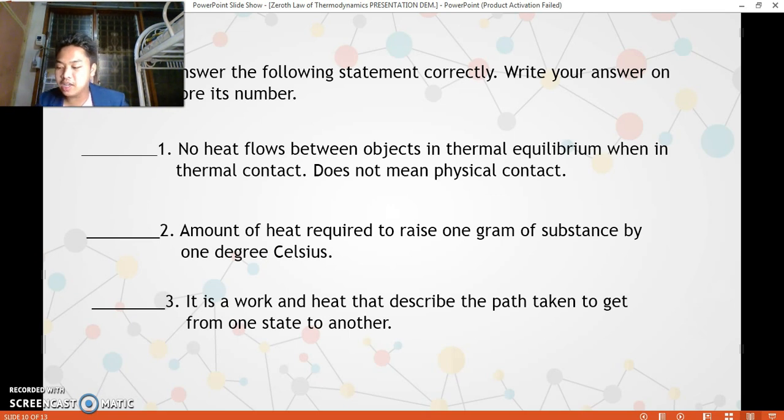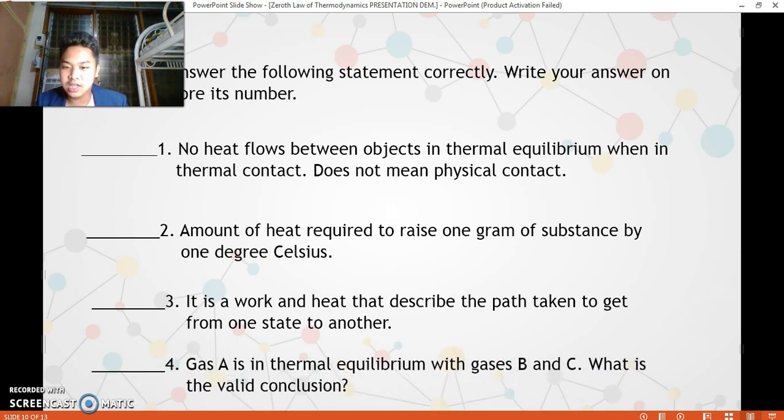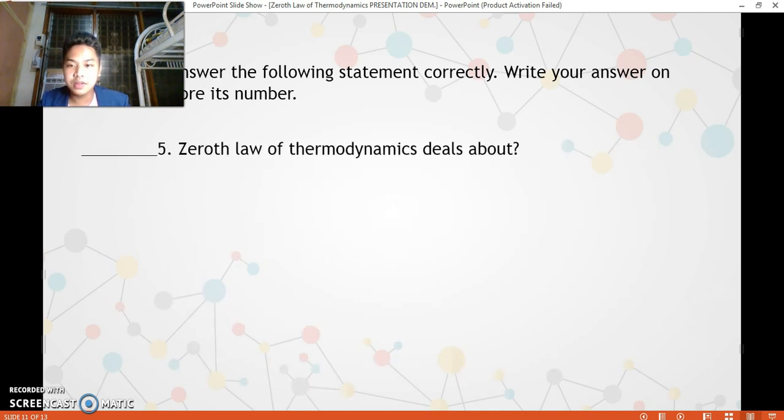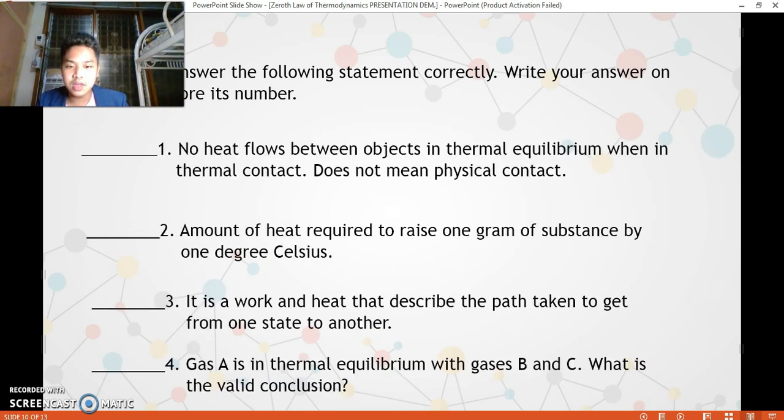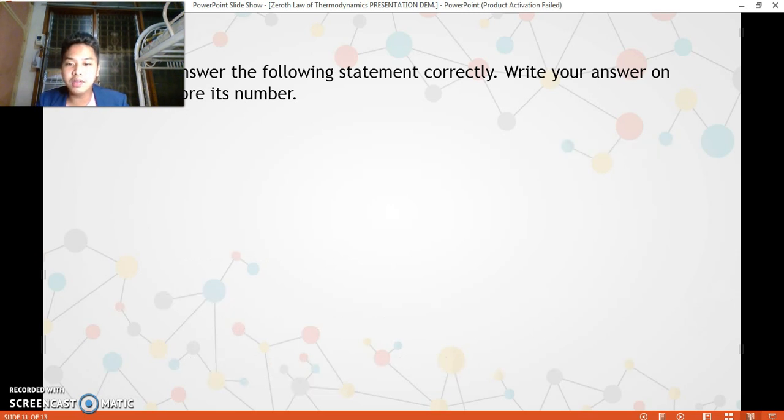The answer is process function. Number 4. Gas A is in thermal equilibrium with gases B and C. What is the valid conclusion? B and C are in thermal equilibrium.